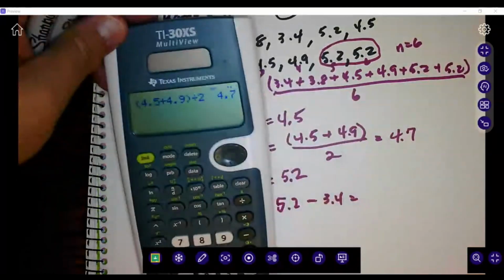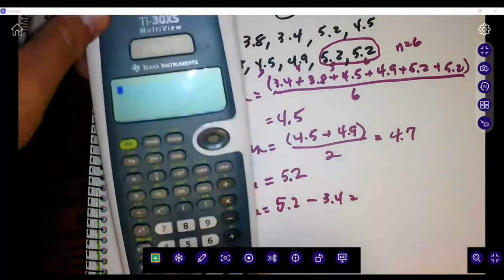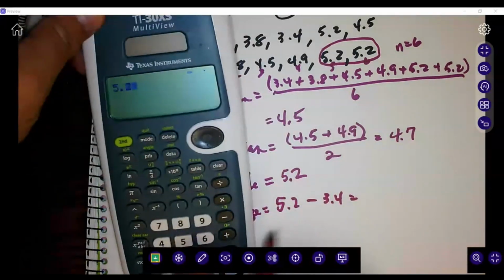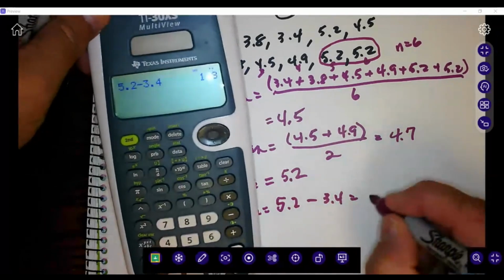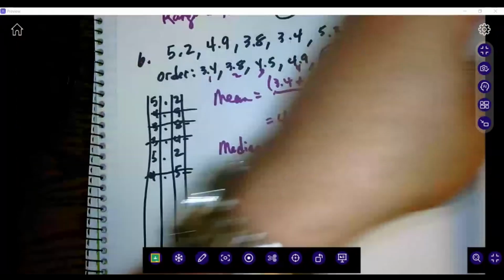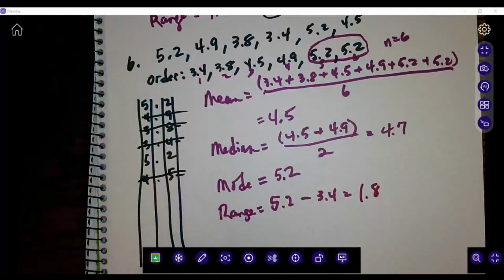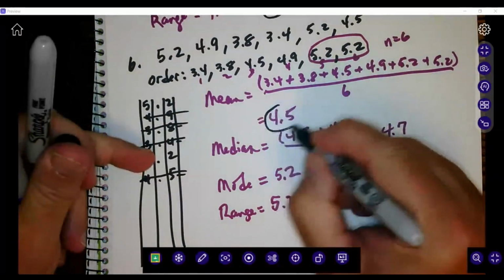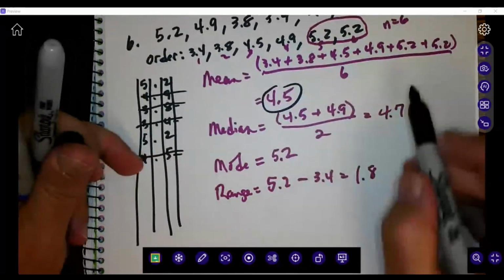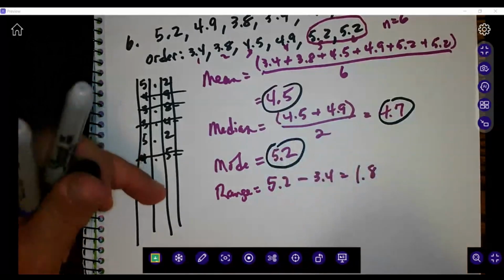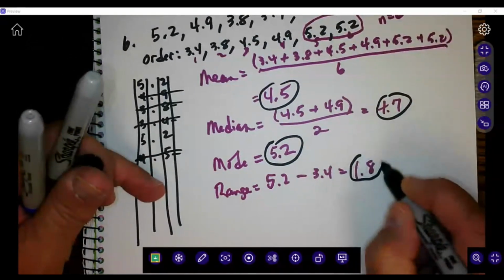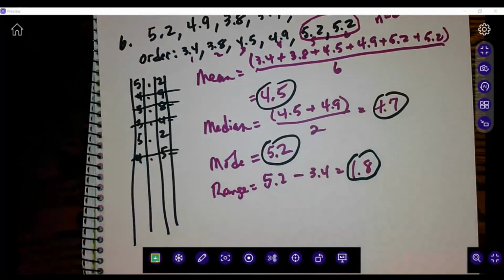And on our calculator, if we hit 5.2 minus 3.4, we get 1.8. So our four answers are 4.5 for the mean, 4.7 for the median, 5.2 for the mode, and 1.8 for the range.